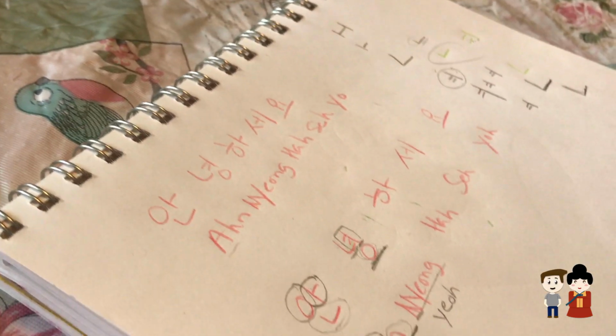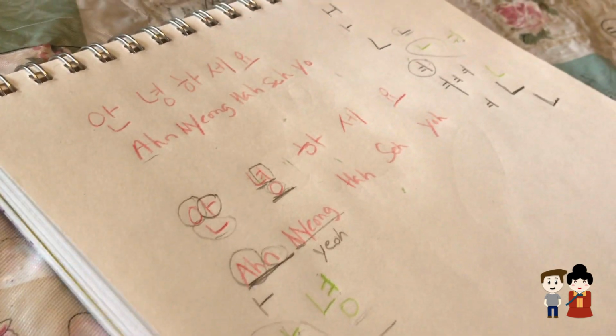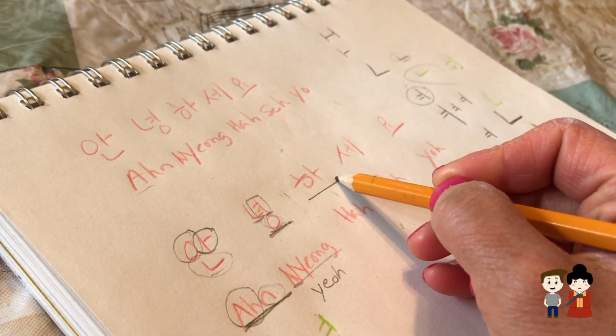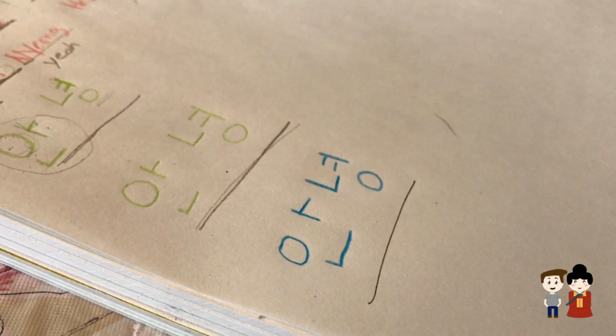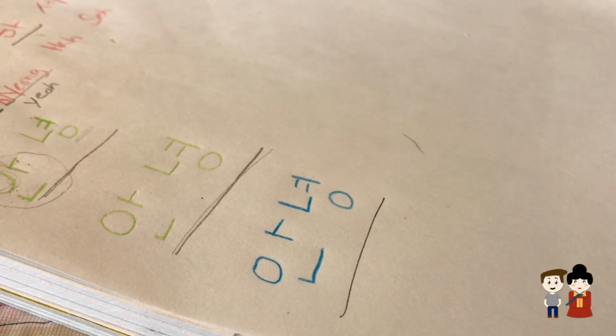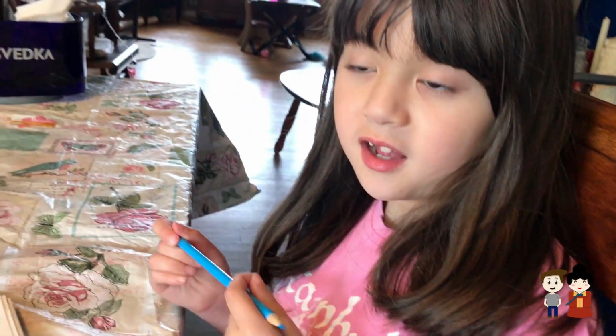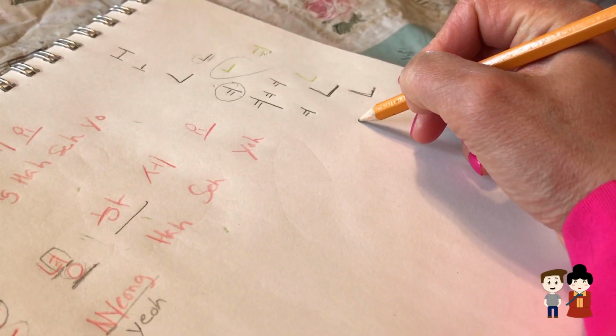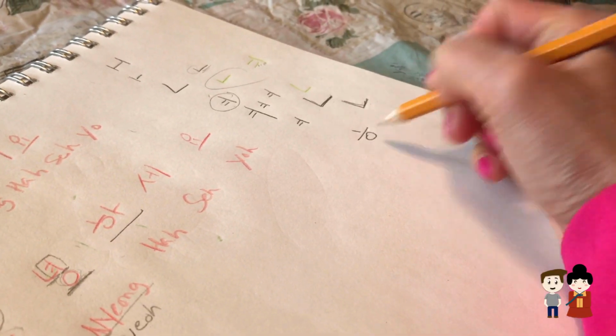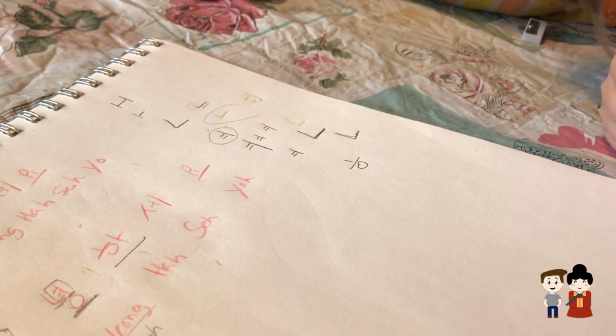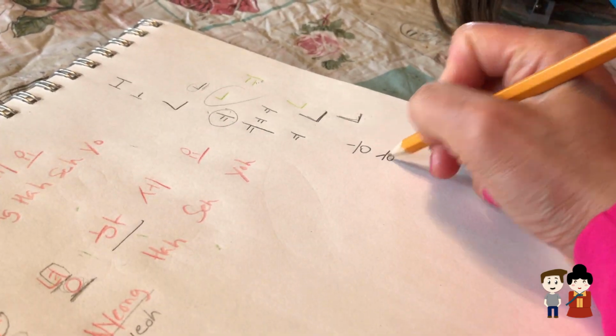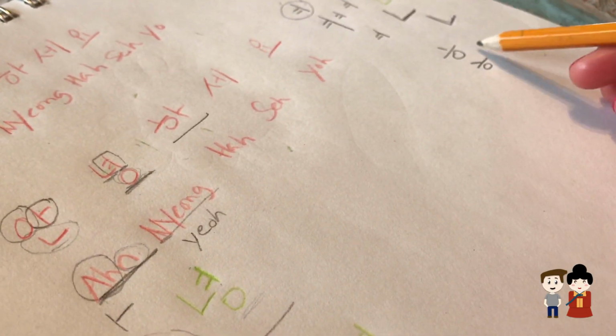So the next syllable is ha. Now the next letter in ha is the H sound. And so you write the H like this or like that. Can you draw that over here?